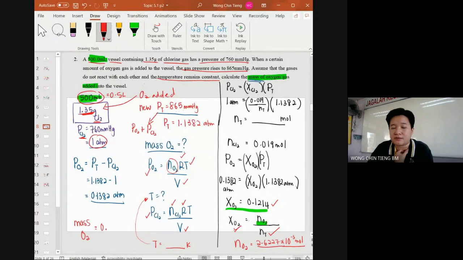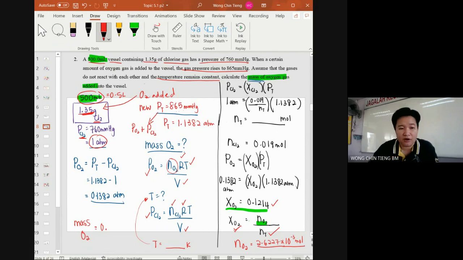Dua-dua kamu boleh guna, tak kisah. I personally saya prefer cara satu sebab formula dia pendek. Tapi kadang-kadang saya prefer cara dua sebab calculation dia pendek, formula dia pendek. Cara satu adalah senang. Kamu tak payah fikir formula lain, kamu fikir PV equals to nRT je. Okay? Boleh dua-dua cara kita terima dalam exam. Mana-mana yang kamu dapat jawapan, I'm more than happy.